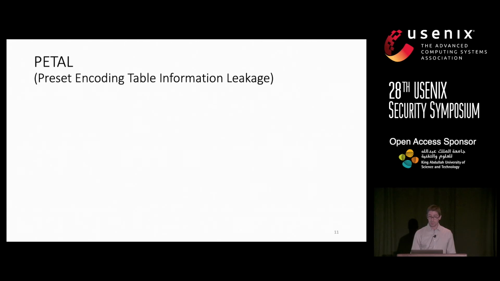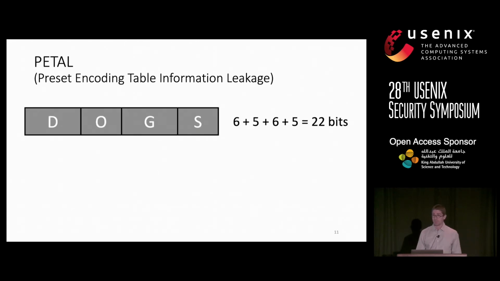So previous work looked at how much information is leaked based on just knowing the total compressed size of a string compressed in this way, where we have a preset table to compress our string. So just knowing that this string here, for example, compresses to 22 bits, it was determined that this leaks relatively little information about the string itself.